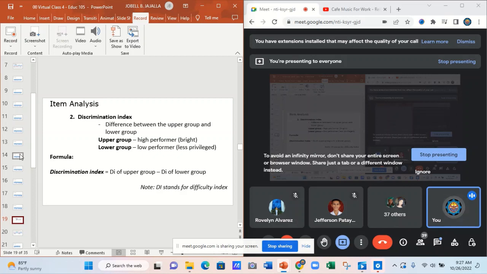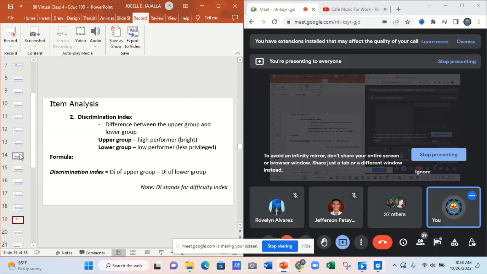Now, the assumption for the lower group members is that they have no right to answer the item correctly. Okay? If they get it perfect or answer the item correctly, they were probably just lucky.